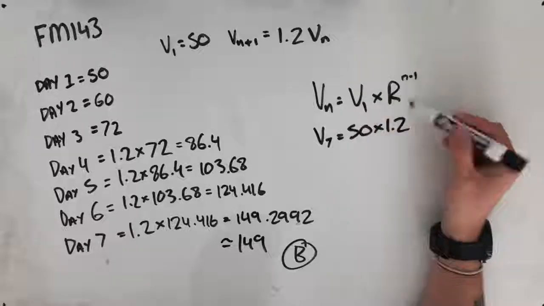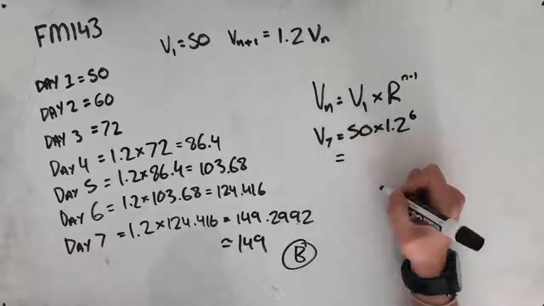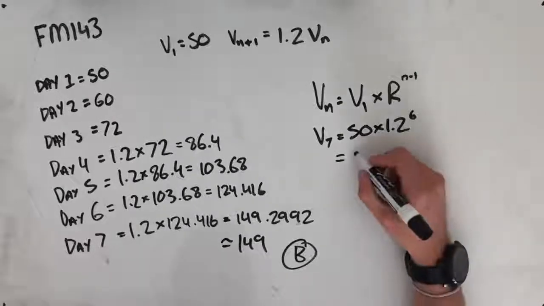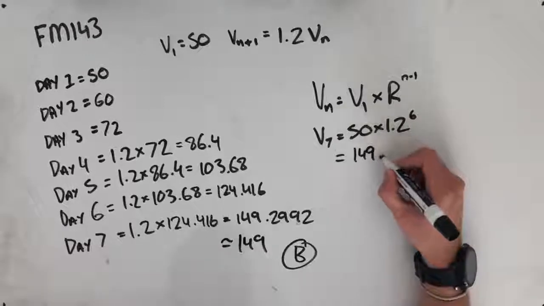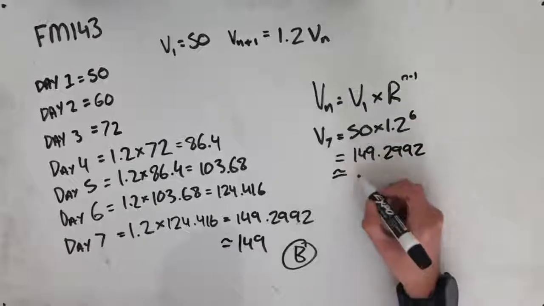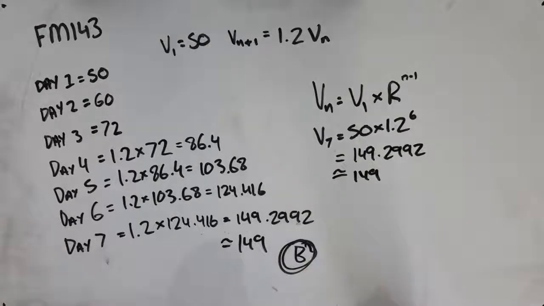We've already said that n is equal to 7, so n minus 1 is going to be 6. If we plug this into a calculator, 50 times 1.2 to the power of 6 is also going to drop out 149.2992. Once again, roughly rounding to 149, and still option B.